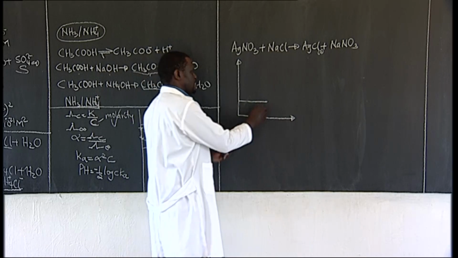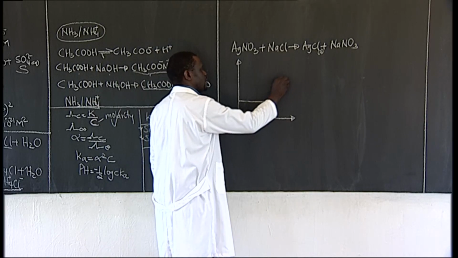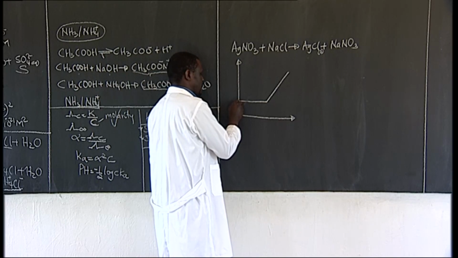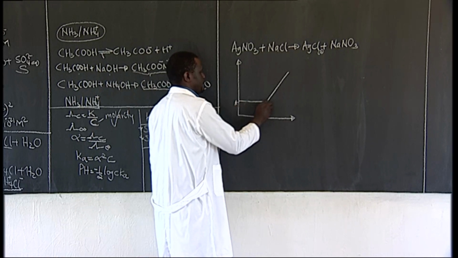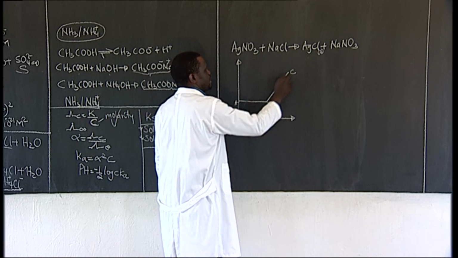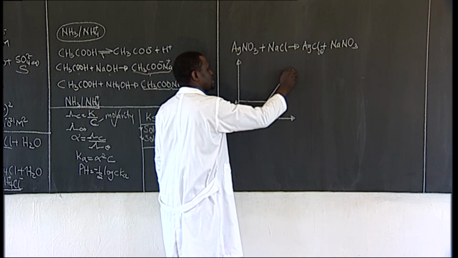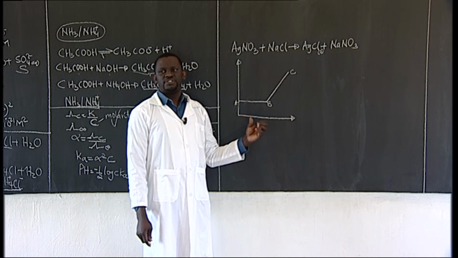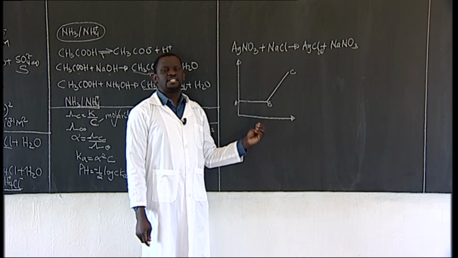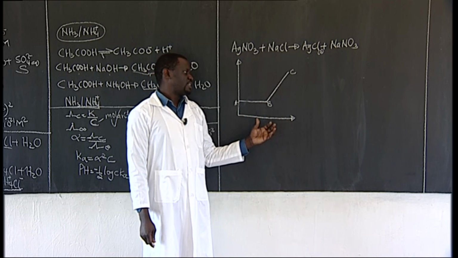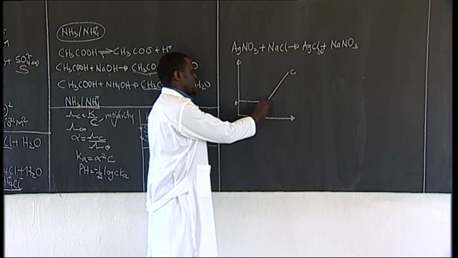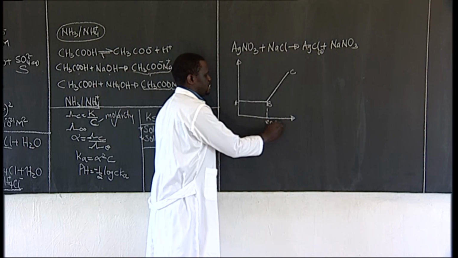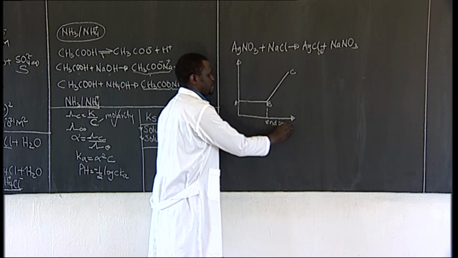Then when you reach the end point, we shall have a sharp increase. So here we can say A, B, and C. Here we shall have a sharp increase because of excess silver nitrate which is added. So here we shall have our end point. Hope you've got the explanation.